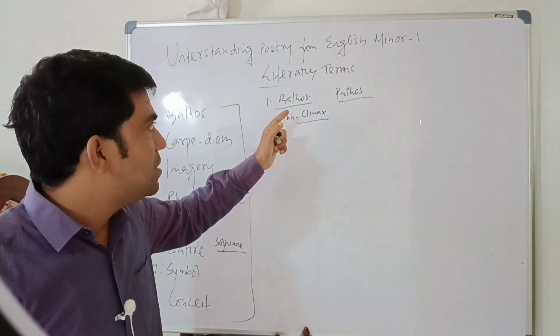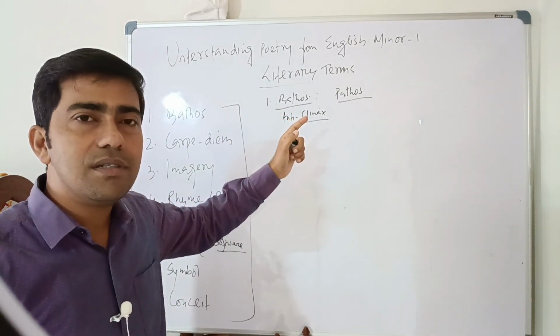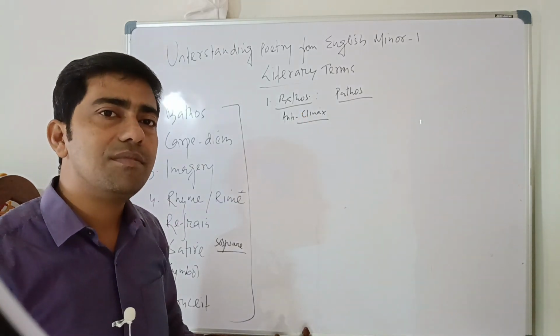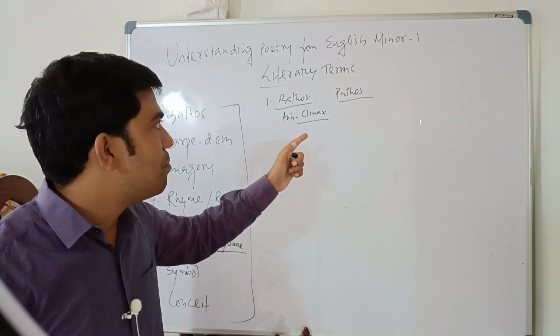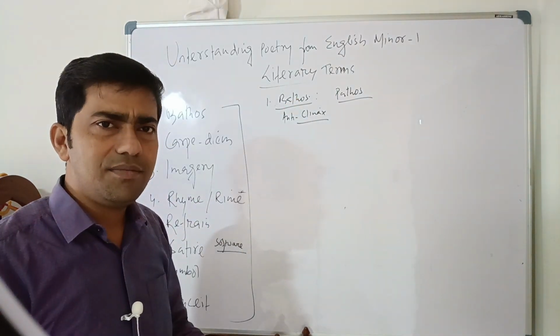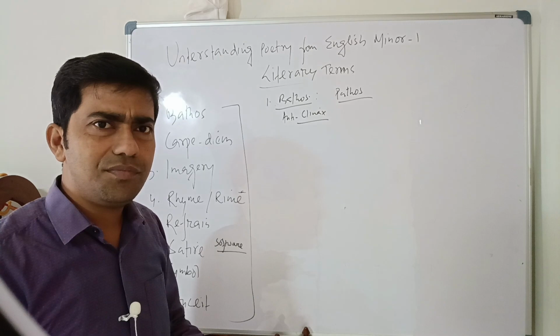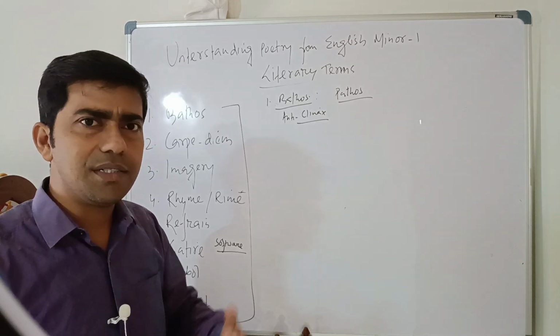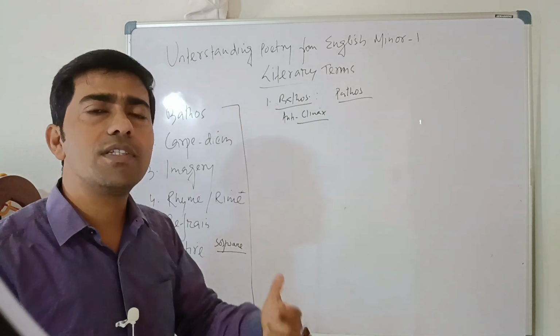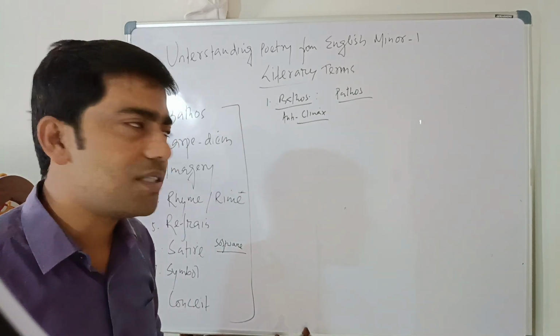Bathos also features the same thing as anticlimax, but in anticlimax there is intentional derogation, whereas in bathos the derogation is unintentional in the lines.